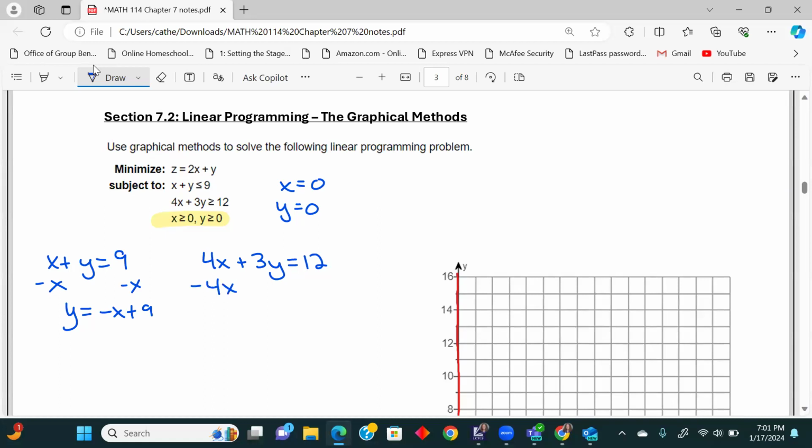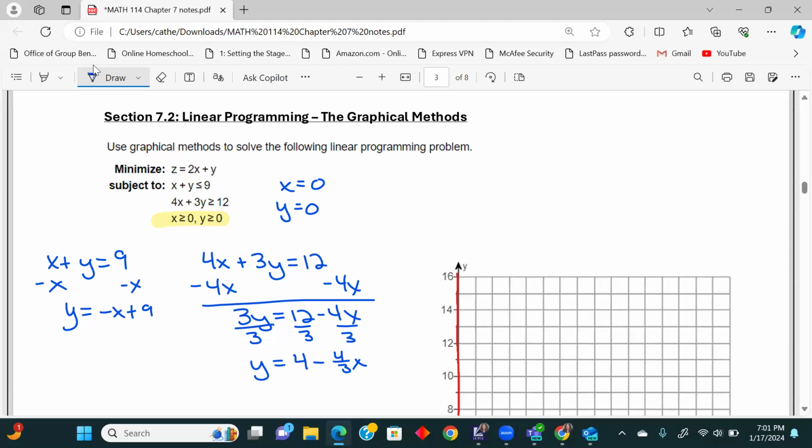Move the 4x. Divide out by 3. Let's assume that you know how to solve for y on these. So minus 4/3 x. And the order, whether the x term comes before or after the constant, is irrelevant.